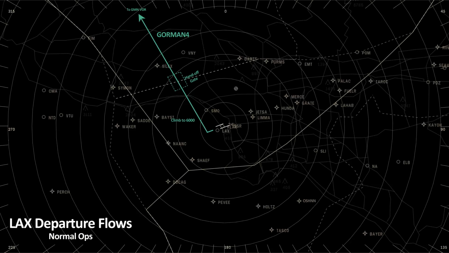Now this one has to be handled differently than all of the ones which depart to the south. This one makes an immediate right turn, or almost an immediate right turn, as it comes off of the runway complex, either the 2-4 left or 2-5 right, and then heads directly up to the Gorman VOR, which, if you scroll your map above what we can see here, you will see. It's kind of on the top left corner of the map.